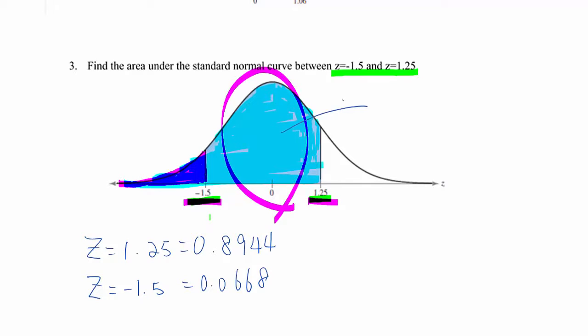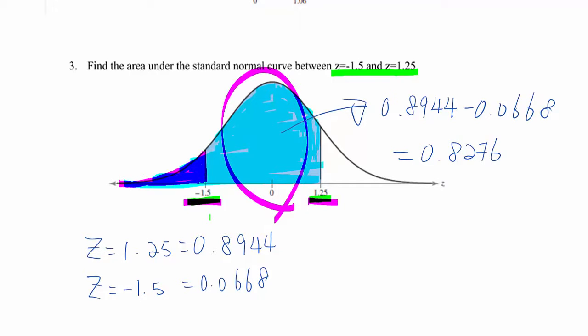Therefore, this area value will be 0.8944 minus 0.0668. So that equals 0.8276.